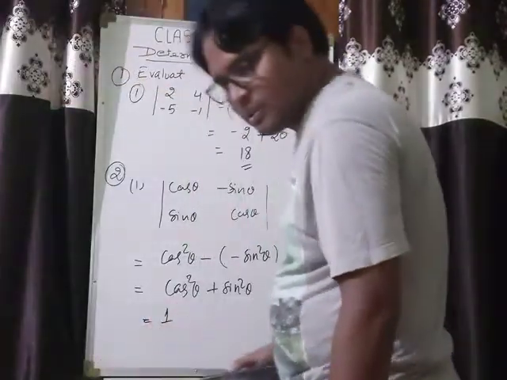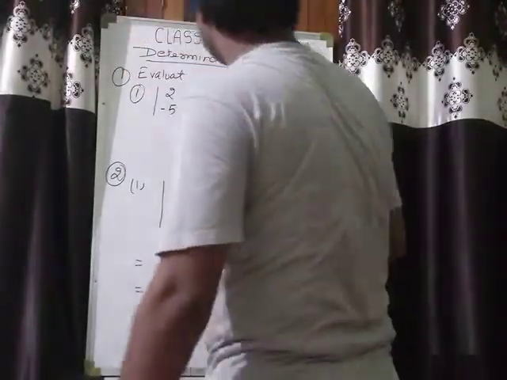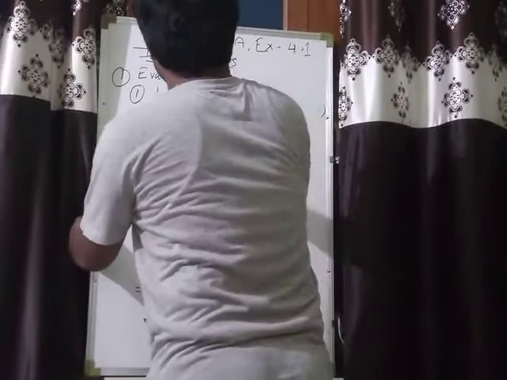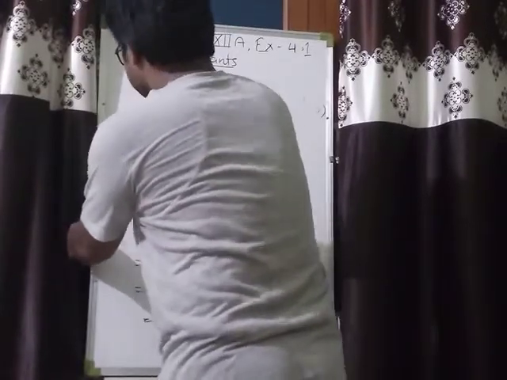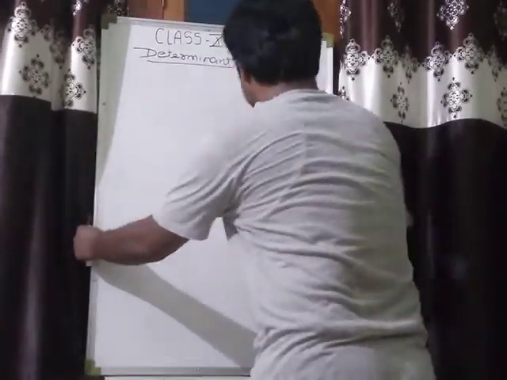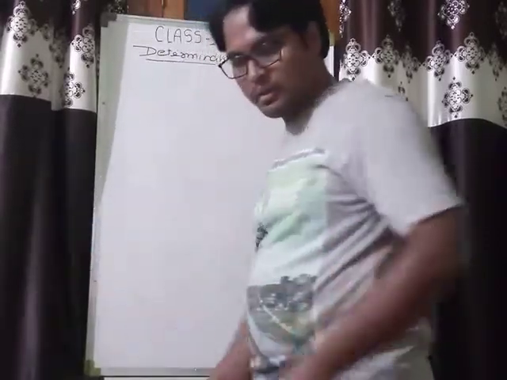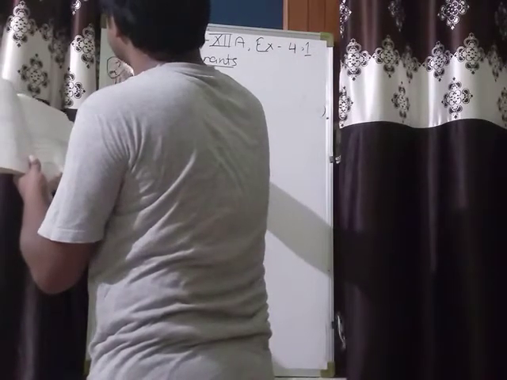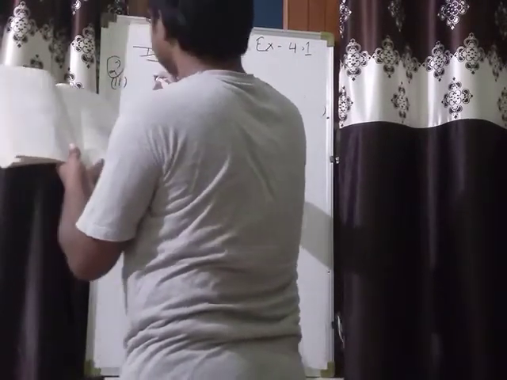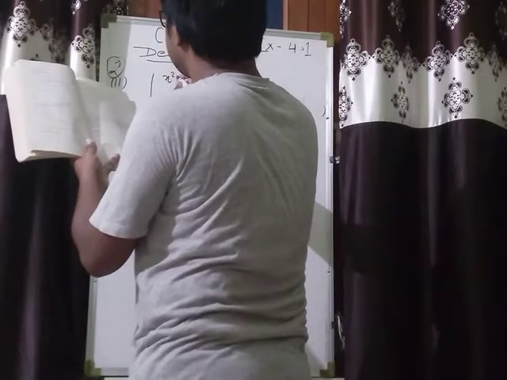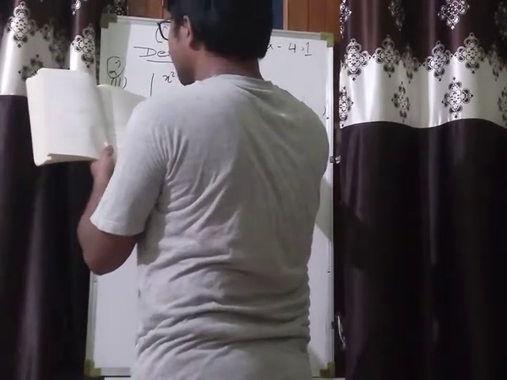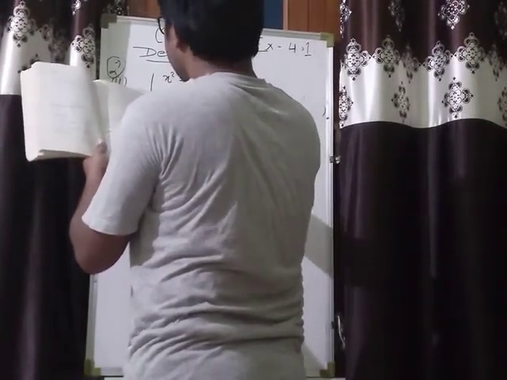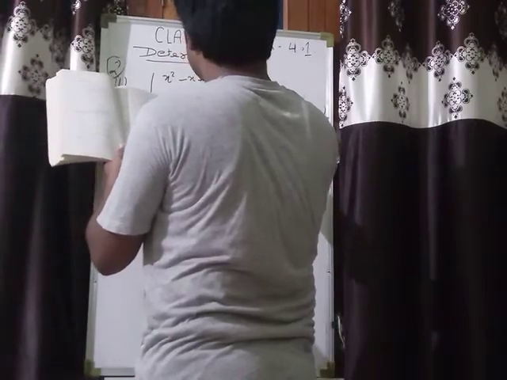Okay. Now the second part of question number second. Evaluate the determinant of this matrix. The determinant of x square minus x plus 1, x minus 1, x plus 1, x plus 1.